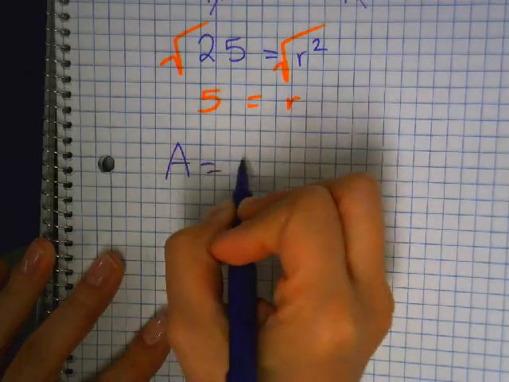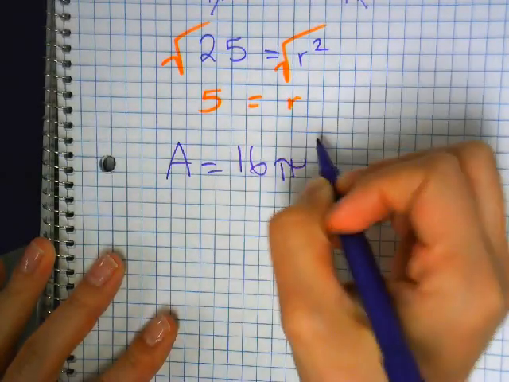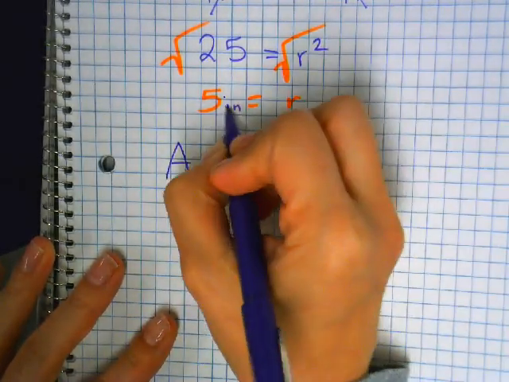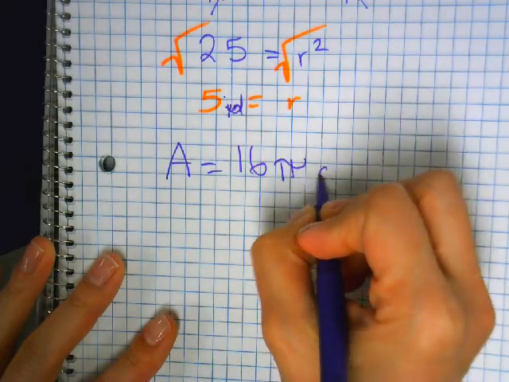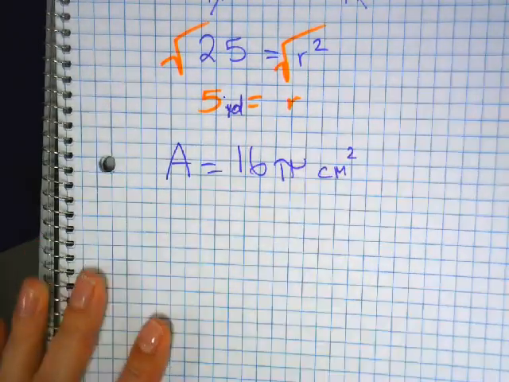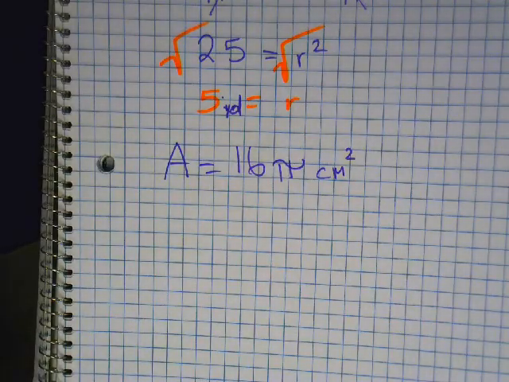Area is equal to 16 pi centimeters squared. Okay. So area is equal to 16 pi centimeters squared. That's a lot to say. What is R?